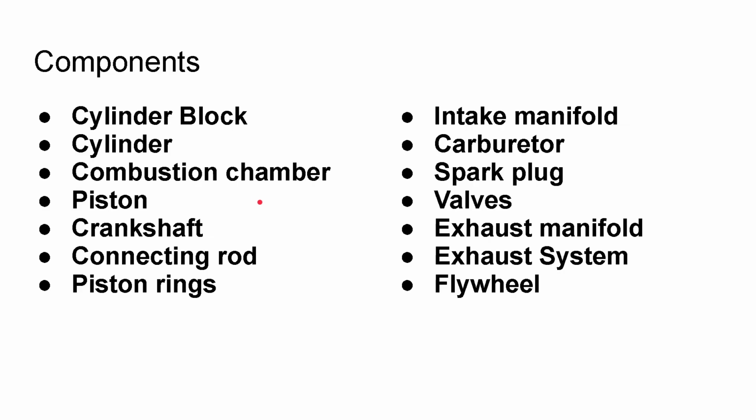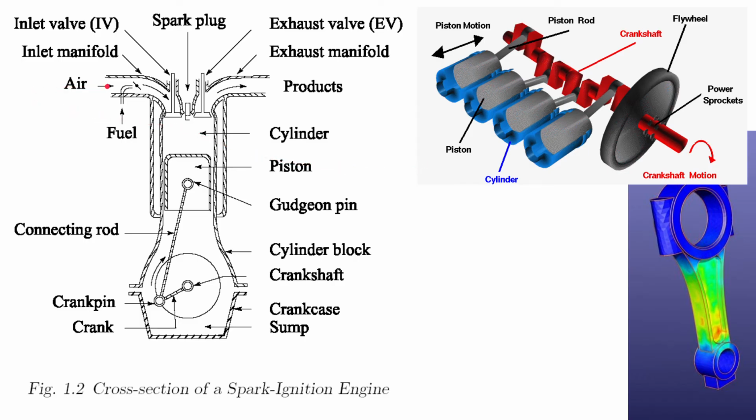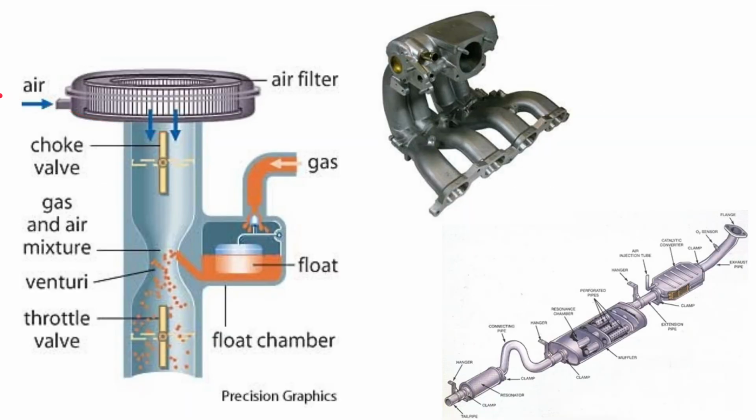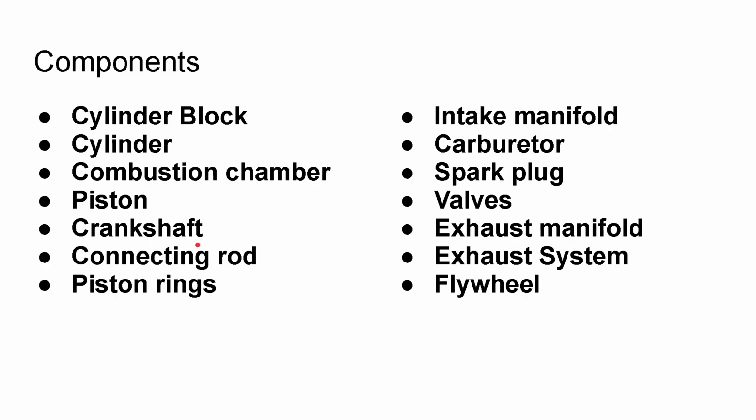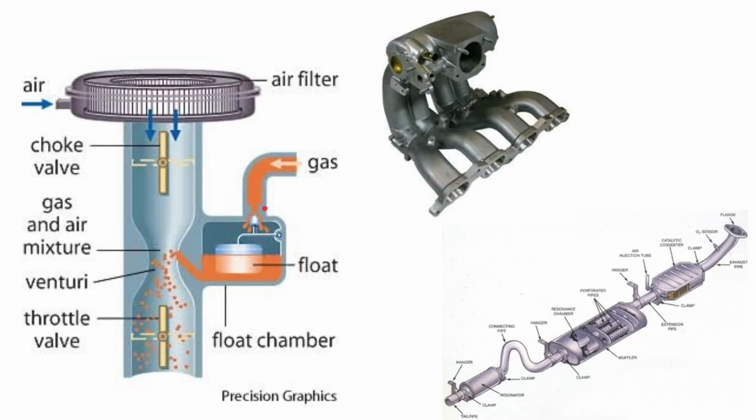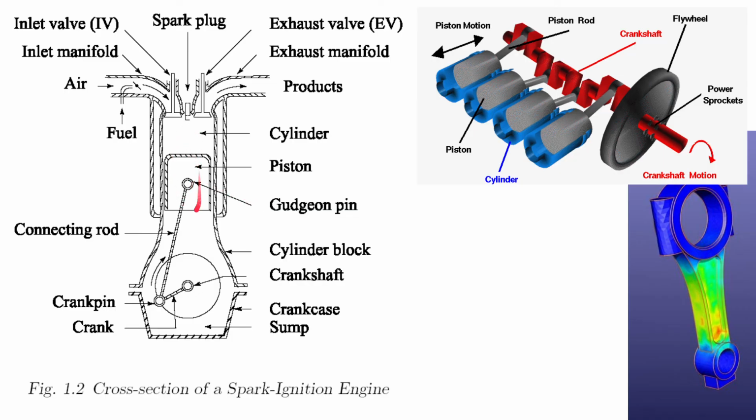So I have described most of the parts: cylinder block, cylinder, piston, combustion chamber, crankshaft, connecting rod, piston rings, intake manifold. So intake manifold, it means that there is an inlet of the air, the surrounding air is being captured, then we have put an air filter, and then due to suction in the cylinder during its cycle, that suction will suck the air from the outside.